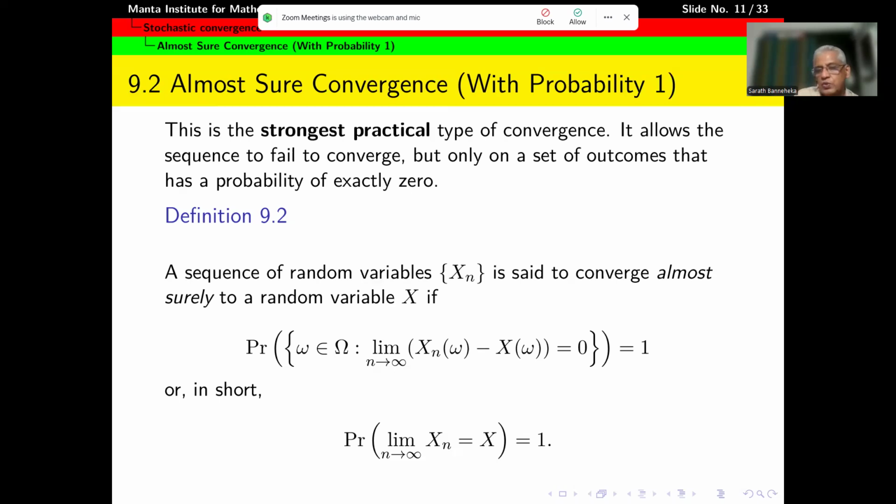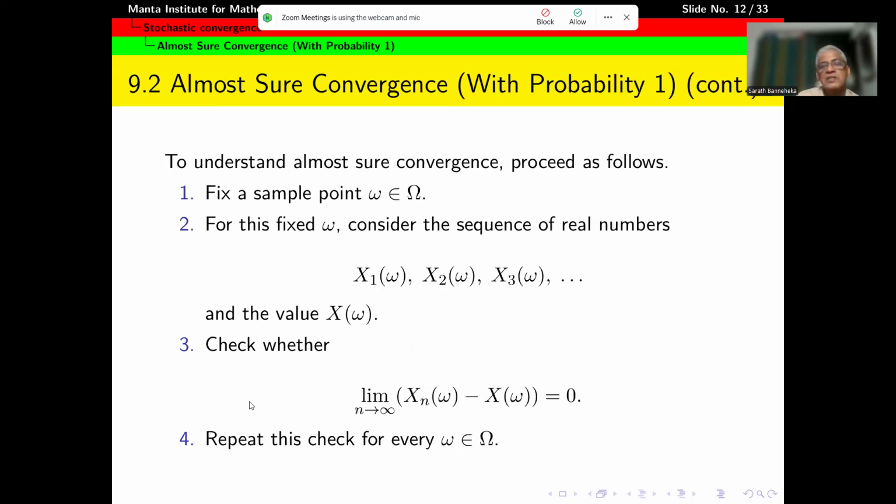So there is a set A on which this condition, X_n(omega) minus X(omega) equal to 0 as n goes to infinity, holds, and the probability of that set is equal to 1. But there might be another set of values where this condition is not satisfied, but the probability of that set has to be 0. If that happens, then we say that X_n is converging to X almost surely.